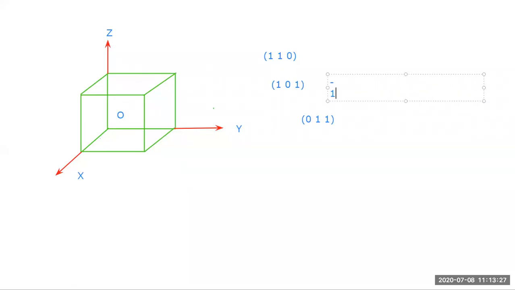What is the trick you have to use while drawing this plane bar 1 1 0? In which direction do you have to shift?